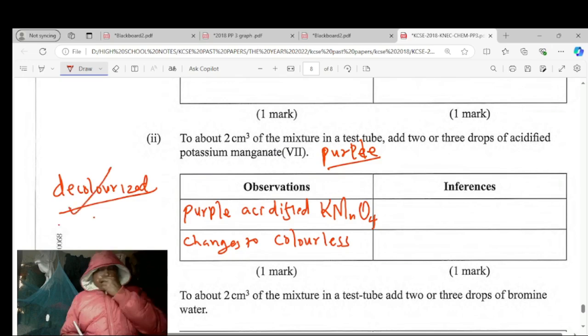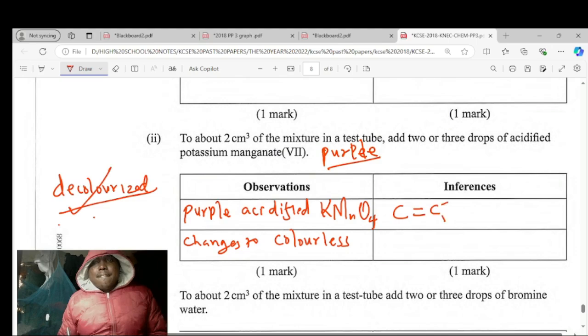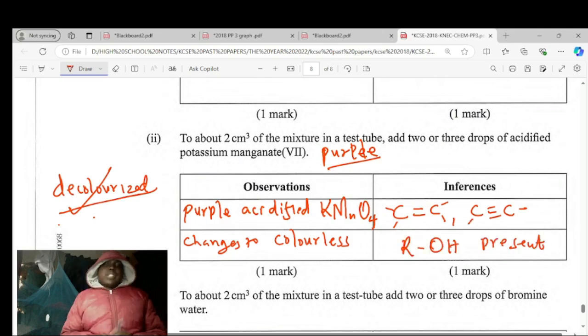So if that is the case, then the double bond, the triple bond, and the alcohol is present. Those 3 are present.